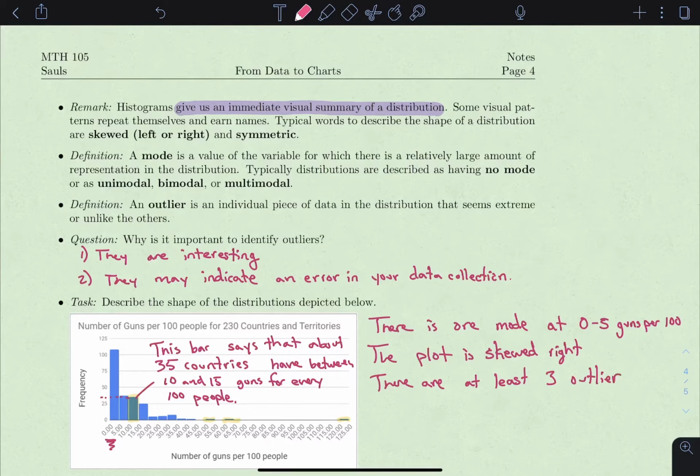So here, what we've done is offer some rhetoric that describes visually what's going on. There are 3, and we might want to say what kind of outliers they are. One between 45 and 50, one between 50 and 55, 60 and 65, and 120 and 125.